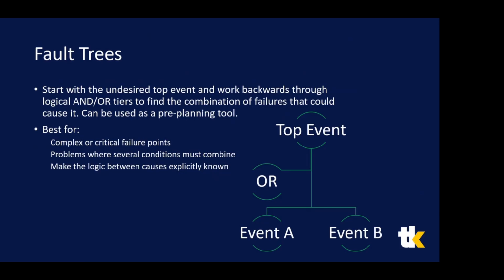So logically, it works very well as a pre-planning tool because you go, okay, my worst case event is that someone gets hurt on the floor or we submit the report late. And then you can kind of figure out what would contribute to that worst case event so that you can prevent it before it occurs.